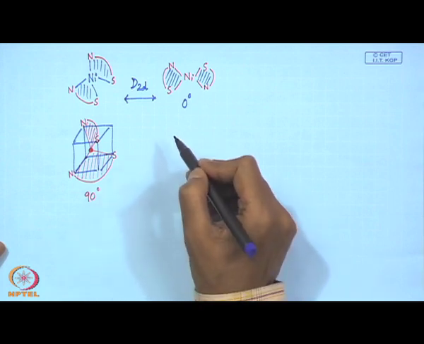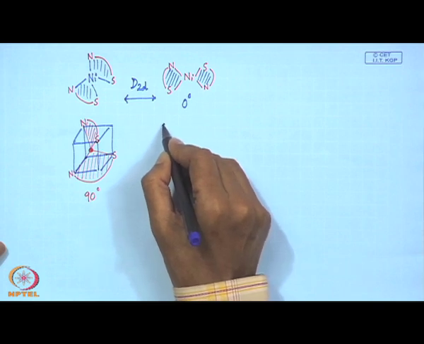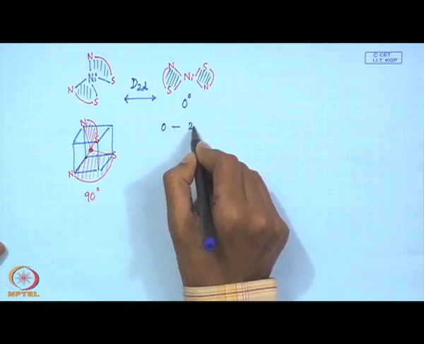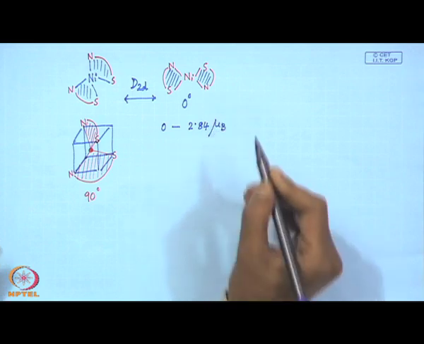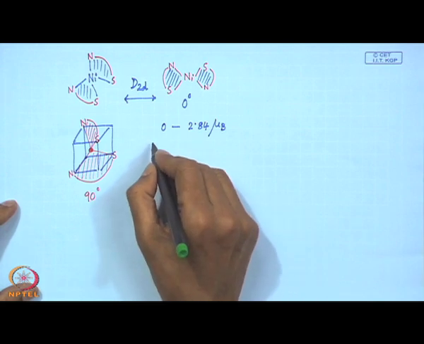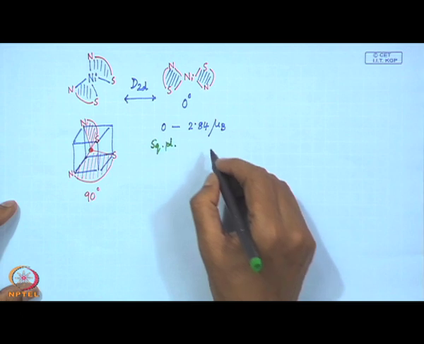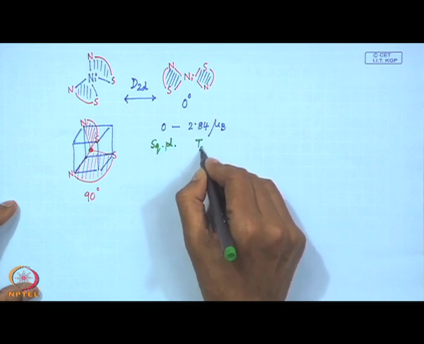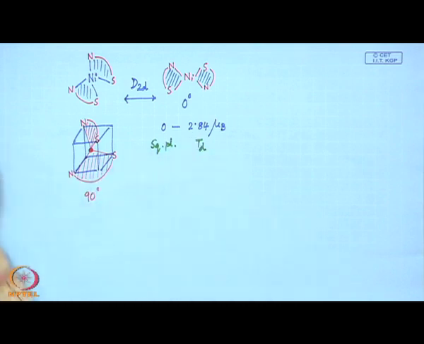So, within a coordination number of 4 we can have a magnetic moment of 0 to 2.84 mu B, and if we routinely monitor the magnetic moment, we get an indication whether we have a square planar geometry, a tetrahedral geometry, or some intermediate position.